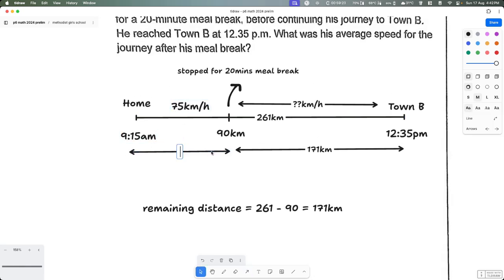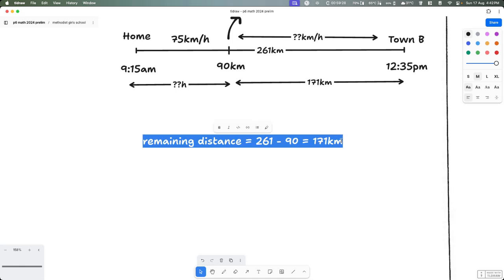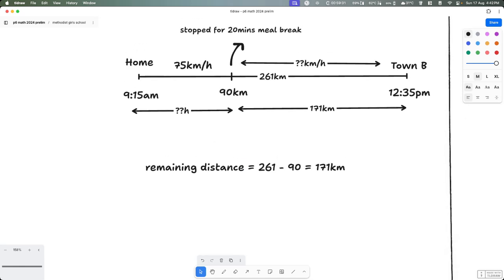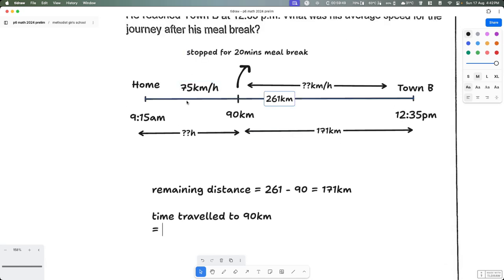Now with this said, we want to know the time from this to this, how many hours. Distance we know. So the time traveled for the first 90 km is basically 90 divided by 75.